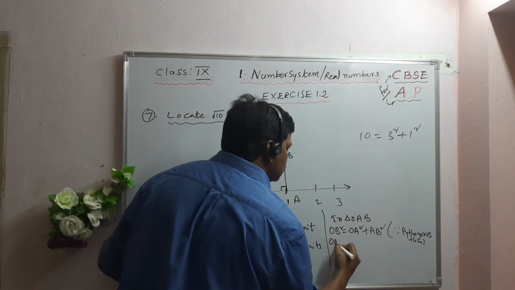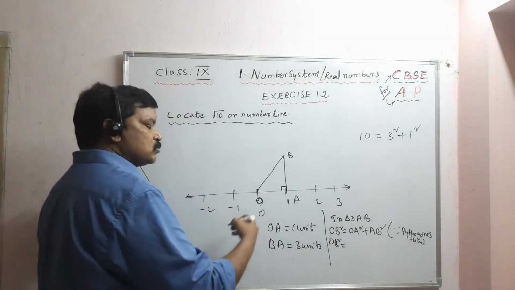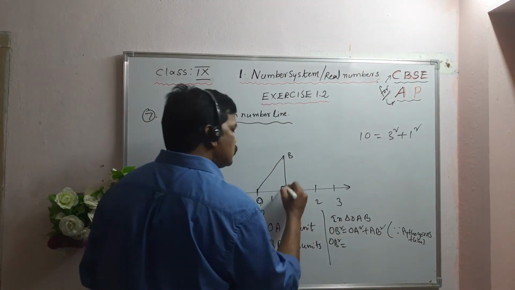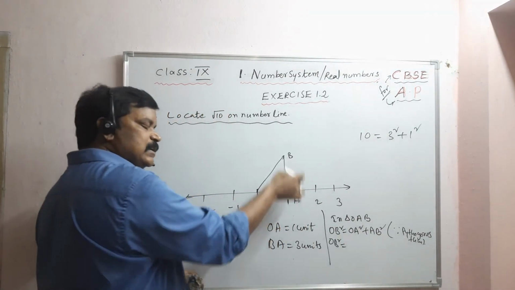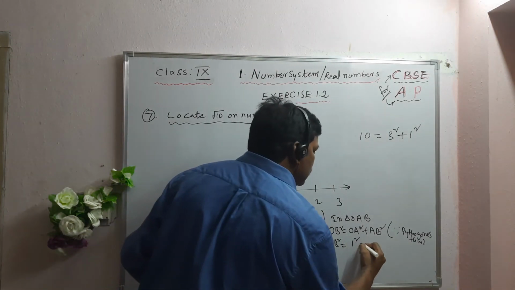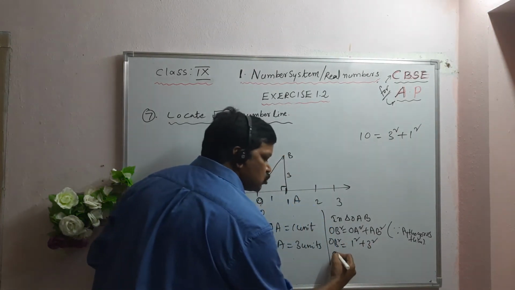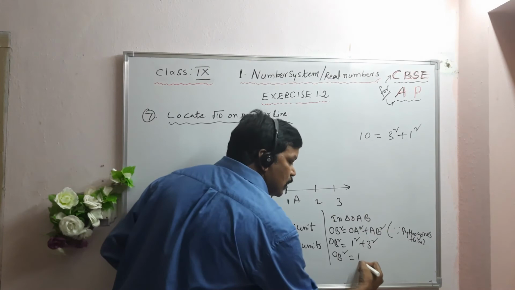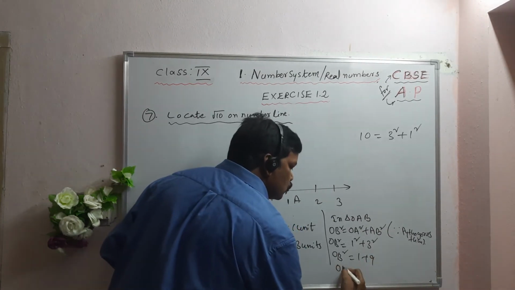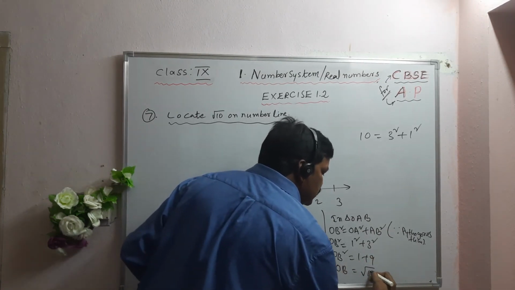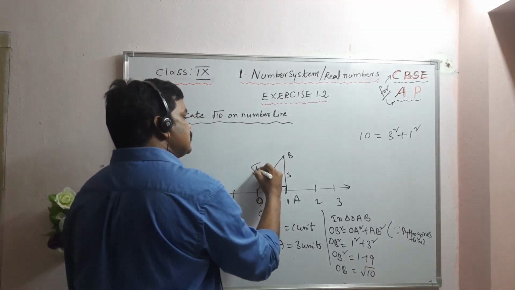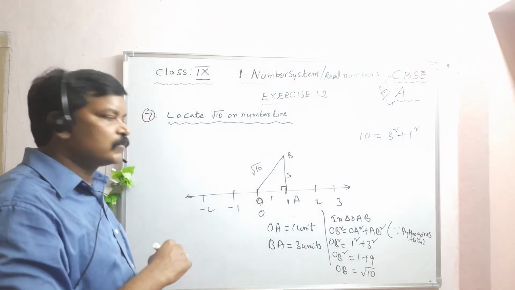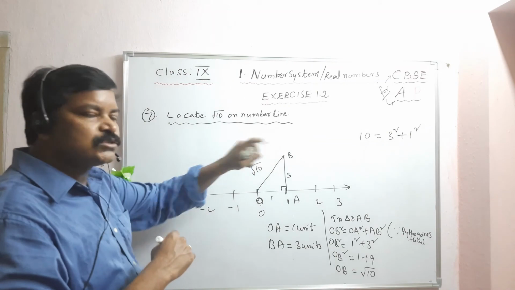So we don't know what OB is. OA is 1 unit. As I told you, AB is 3 units. So 1 square plus 3 square. So OB square is equal to 1 plus 9. So OB is equal to root 10. That means OB is root 10.